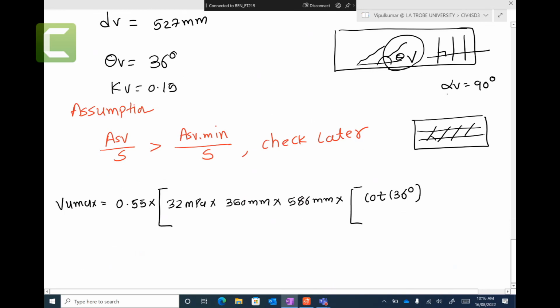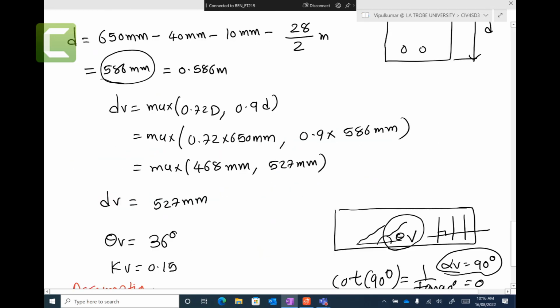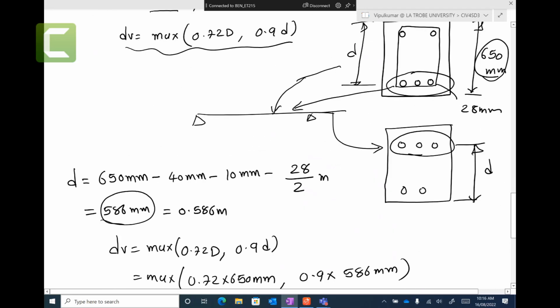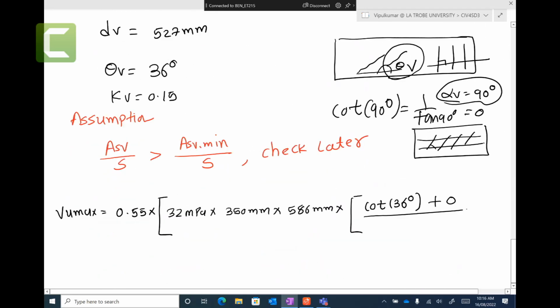By the way, this cot 90 degrees you can get as 1 over tan 90, and that would be 0. Is it plus, right? Plus 0 over 1 plus 0 plus 0.